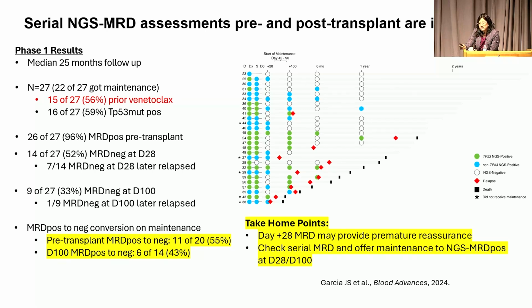This is not a randomized study, but from 22 patients with well-annotated samples and MRD available, including flow and genetic MRD, we were able to demonstrate that though nearly 100% of patients came in with molecular MRD, so persistent disease, we were able to clear patients, whether it was from maintenance or just what was expected with GVL. We were able to demonstrate that they were able to receive therapy, and clearance of MRD is in fact possible.